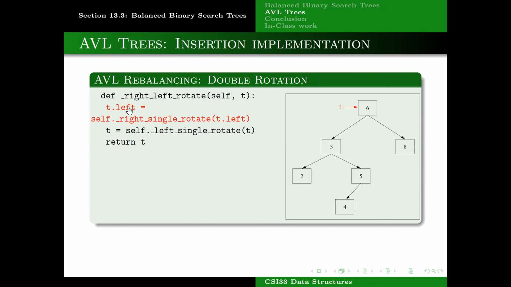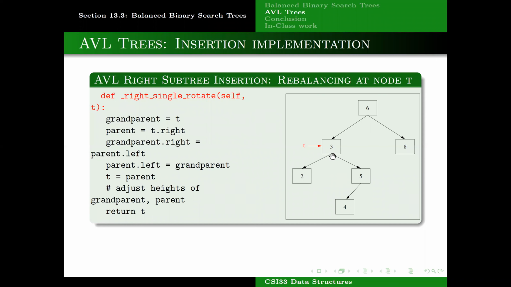We will say T left, it's this node, is equal to self right single rotation. No, it will be rotation to the left, because here we call it the right. So it means that the insertion was right. So it will be rotated to the left. Let's see how it will be working.